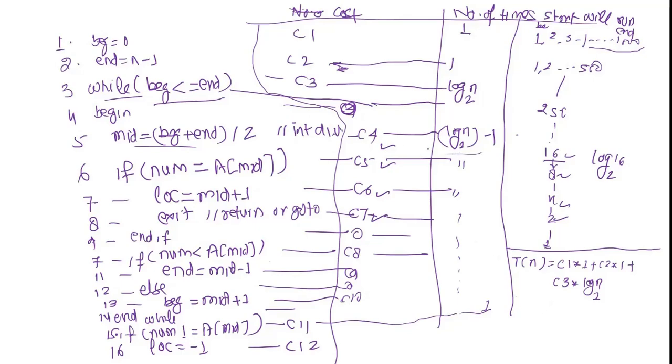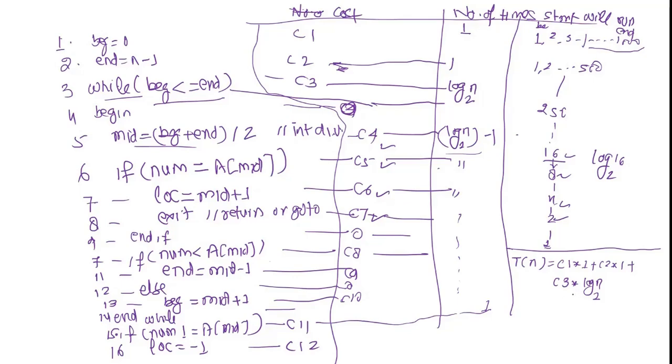So C4 into log n base 2 minus 1, because space is not there, so just understand it verbally. This will come to C4 into log n base 2 minus C4. Similarly, C5 into log n base 2 minus C5.